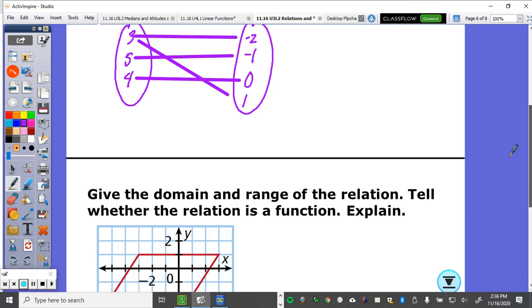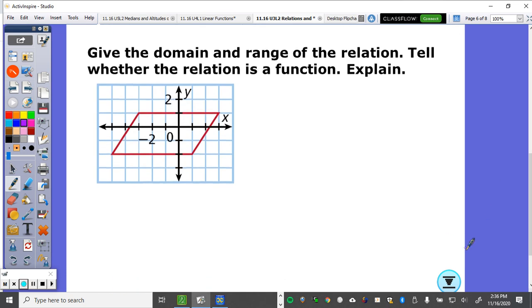All right. Give me the domain and range. All right, this is a continuous function. So my domain is all the values of x between what two numbers? -5 and 3. My range is all the values of y from what two numbers? Somebody else.